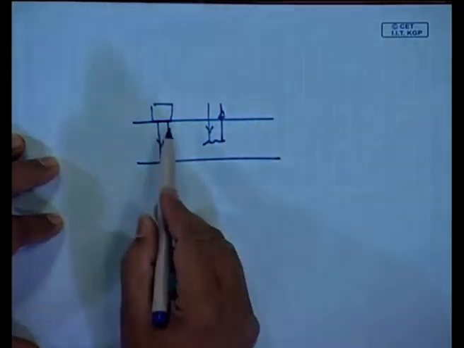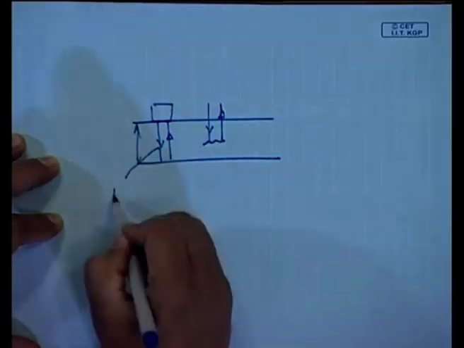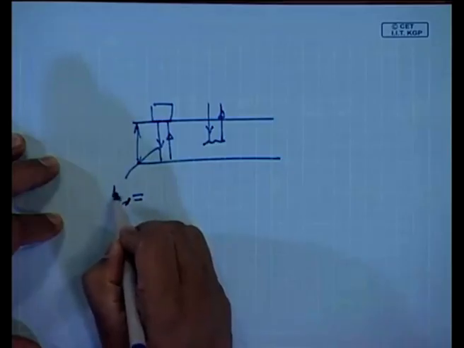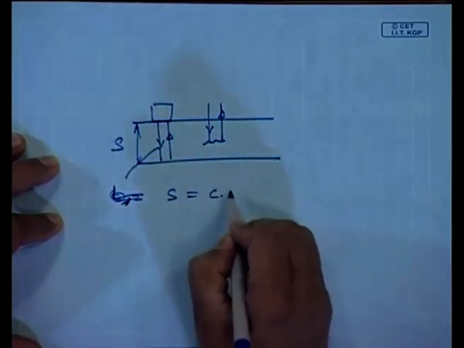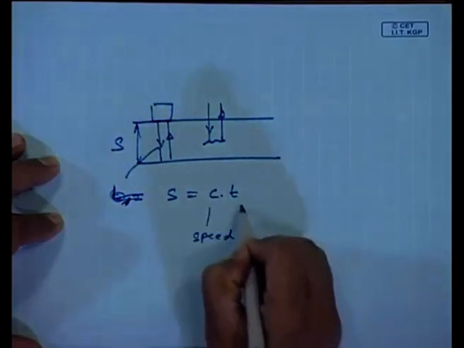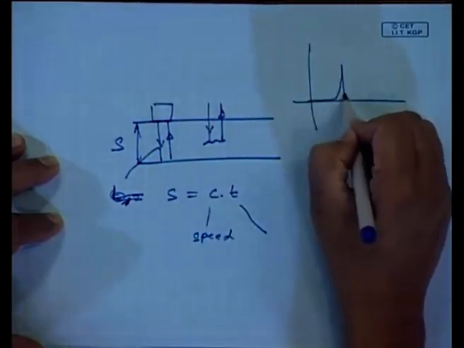So in the ultrasonic thickness gauge, I need to measure this distance. This distance S is nothing but c times t, where c is the speed in this material and t is the time taken. In this probe there will be a constant time.